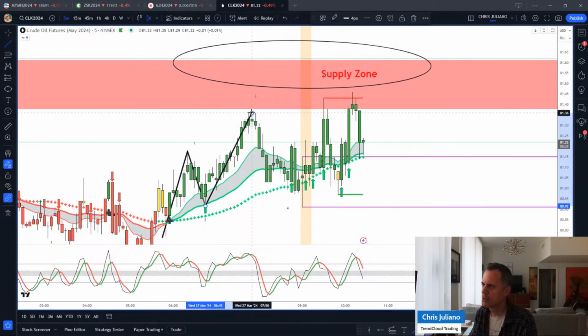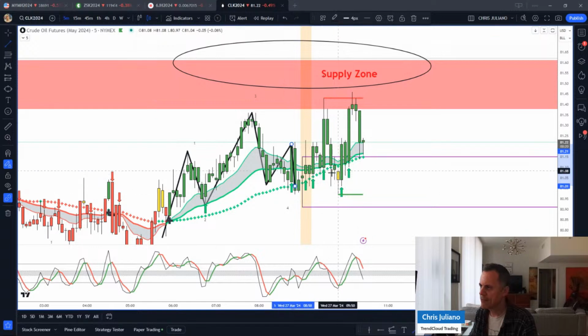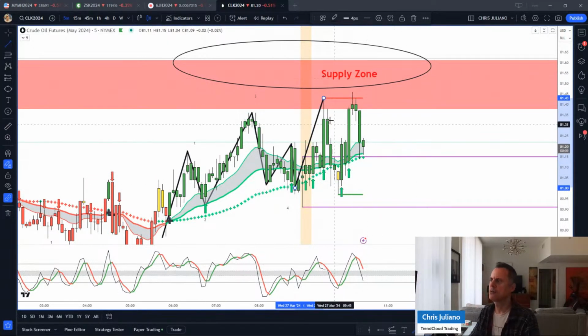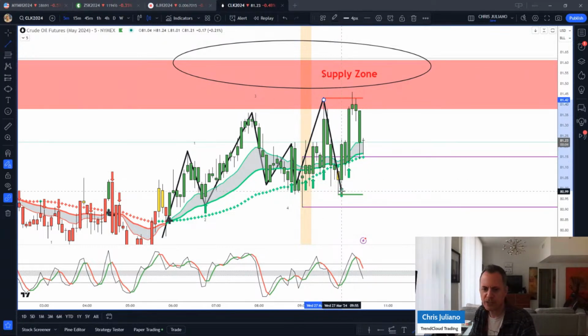Impulse up, correction into trend cloud. Sideways movement. Find support right at the very bottom of the trend cloud. Trend cloud signals galore. Boom. Impulse up, hits our supply zone. And right here is where we captured that $300.